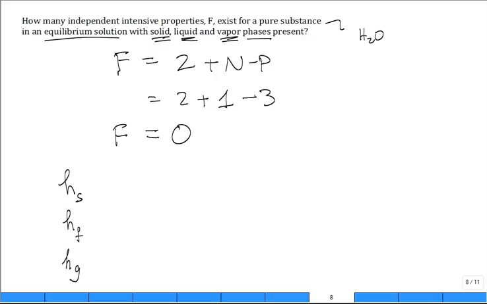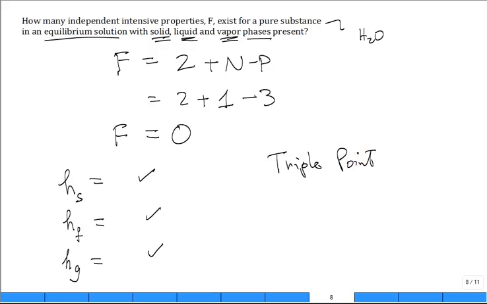But they're not a function of anything because there are 0 degrees of freedom. These are just numbers that are reported typically in tables. What point is this where you have solid, liquid, and vapor of a pure substance all in equilibrium? It's the triple point. And so you could go look up those values of H for each of those phases.